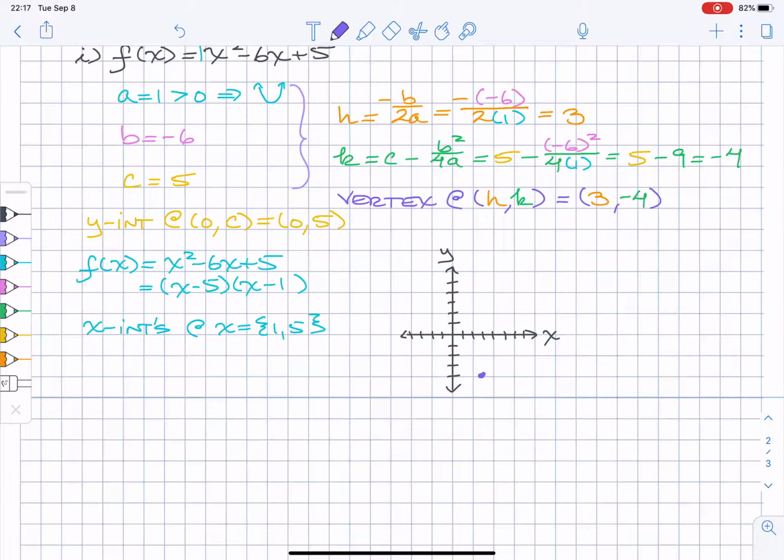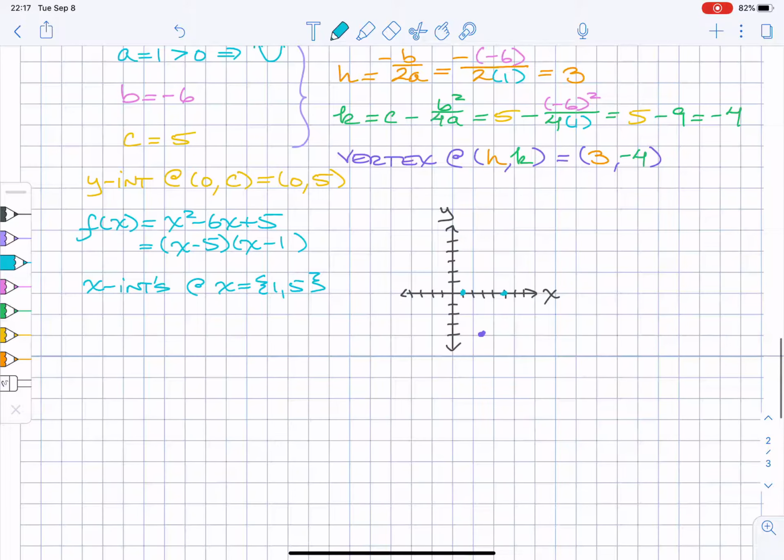Vertex. I'm going to open upwards, but my x-intercepts are at 1, 3, 4, and 5. And I know that my y-intercept is at 5. So 1, 2, 3, 4, 5.